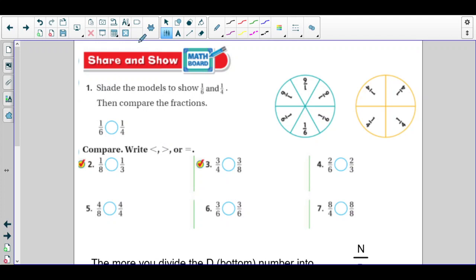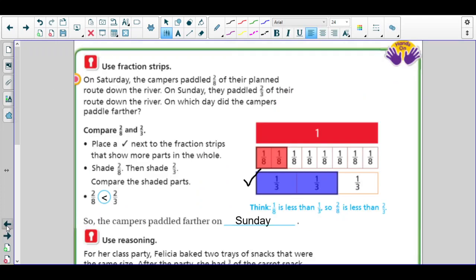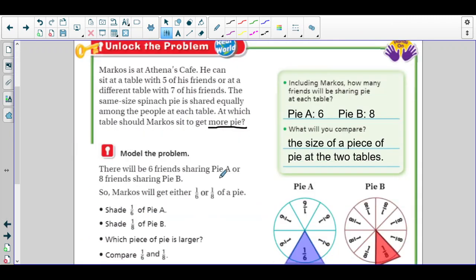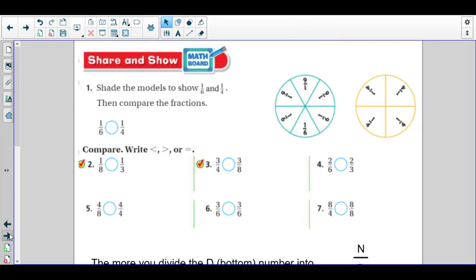All right. We are supposed to do some shading here, and I am going to do some copy and pasting because I don't think that I can get it as almost as perfect as I did. So we needed to shade 1/6, 1/6 right there, and we needed to shade in 1/4.